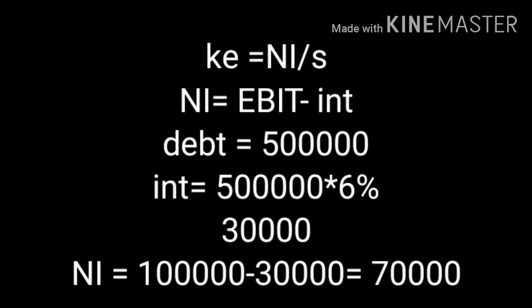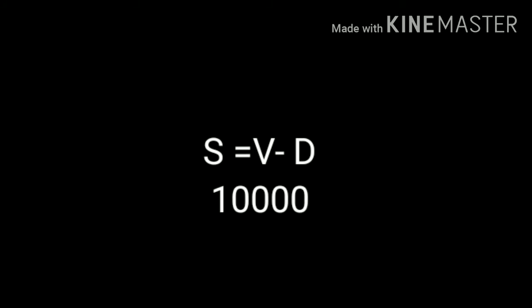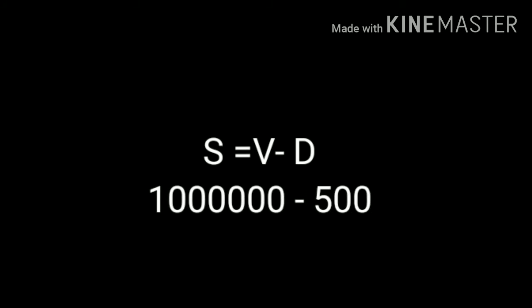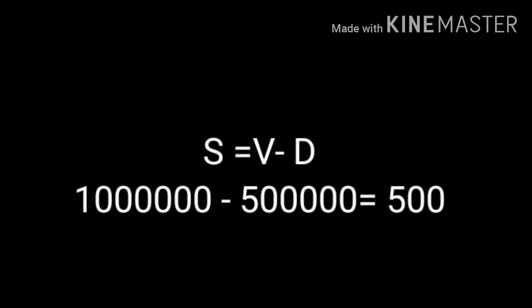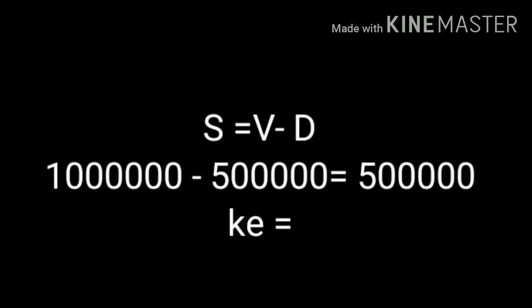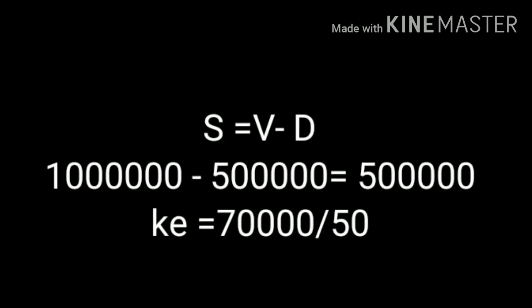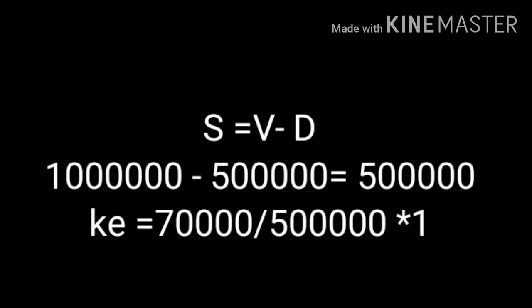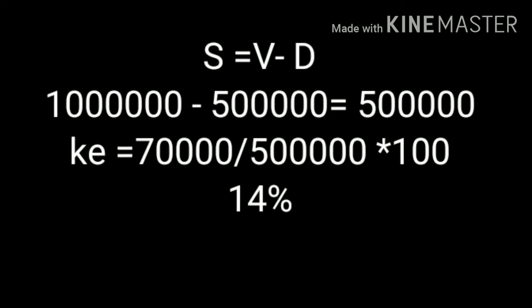So 70,000 is net income. S or E is market value of equity, equal to V minus D. Here V is 10 lakh and D is 5 lakh. So 10 lakh minus 5 lakh, market value of equity is 5 lakh.